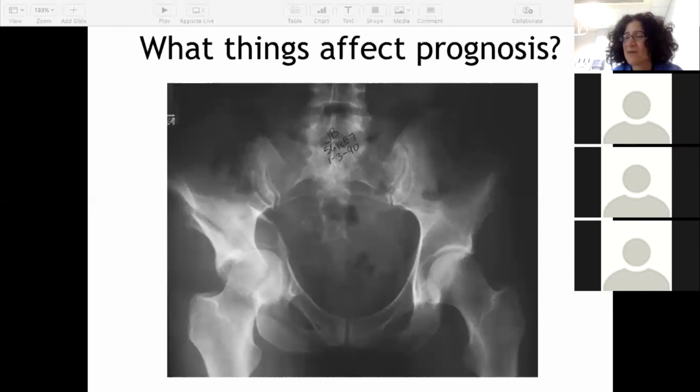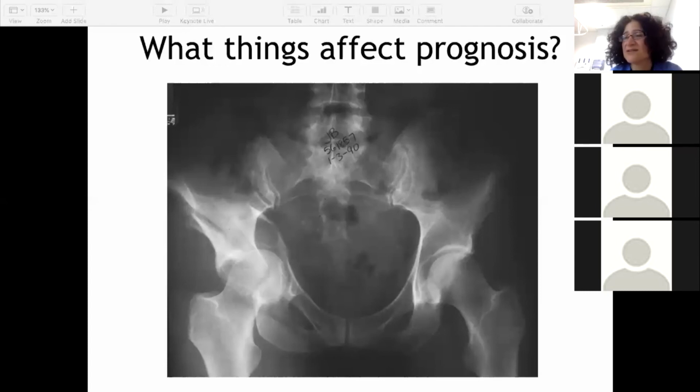So you're right, in that scenario we wouldn't operate on someone. But what I'm getting at is arthritis is not really an indicator of whether we should operate or not. The main issue is a posterior wall fracture.